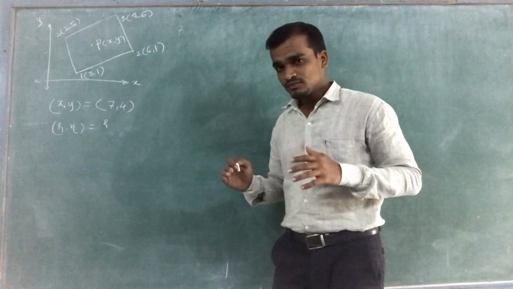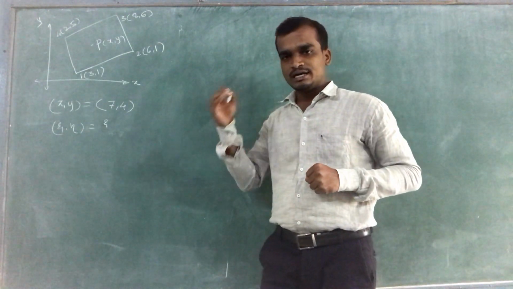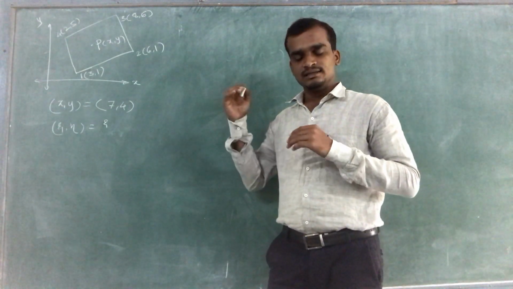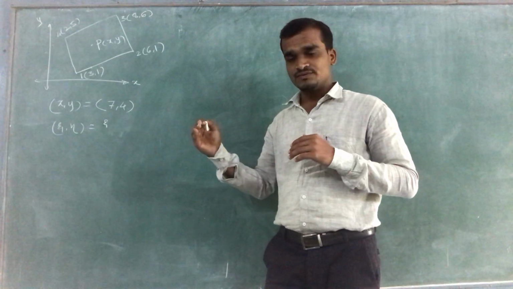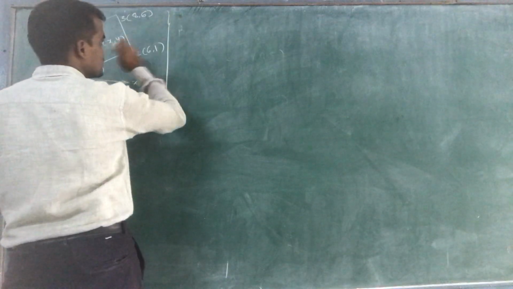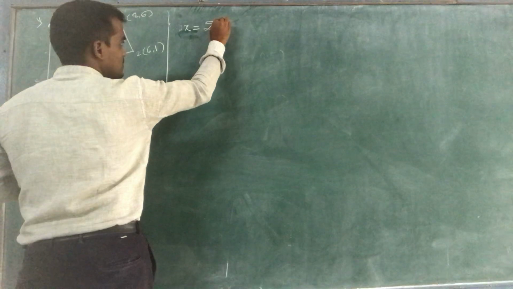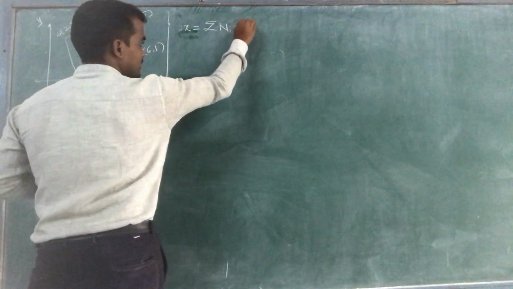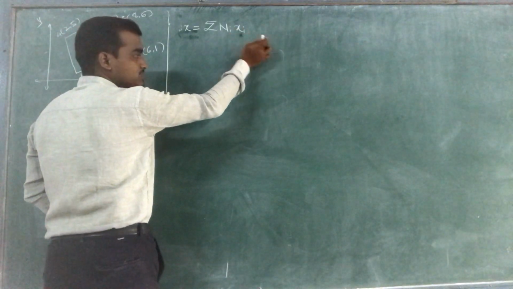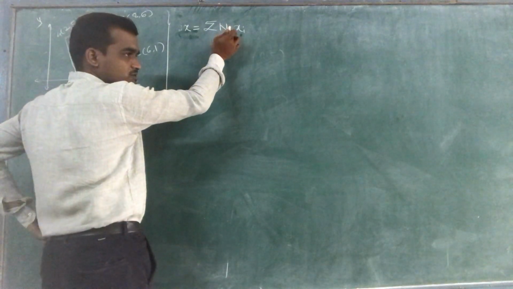If it is asked to find the Cartesian coordinates, then it is easy, because we know the formula to find the Cartesian or global coordinates: x is equal to summation of N_i x_i, where x_i are the x coordinates and N_i are the shape functions, which can be determined using our natural coordinates.